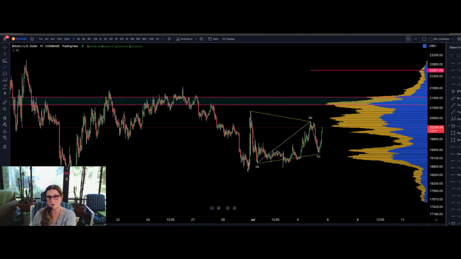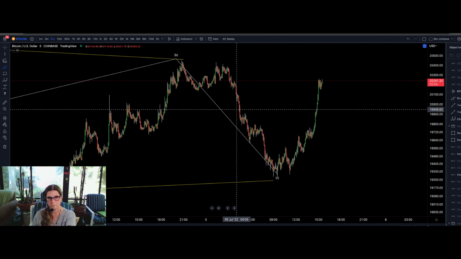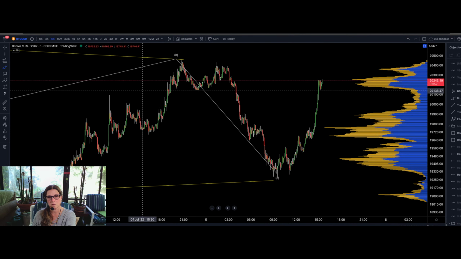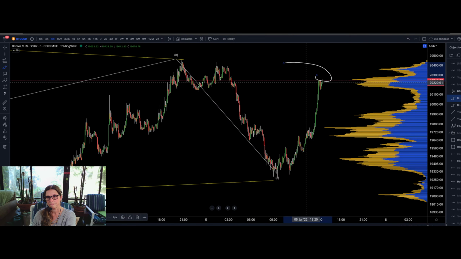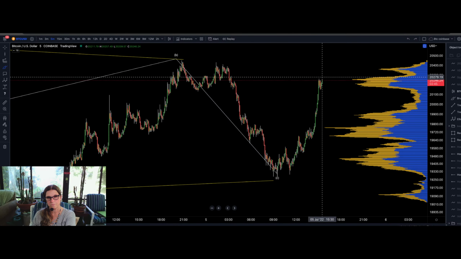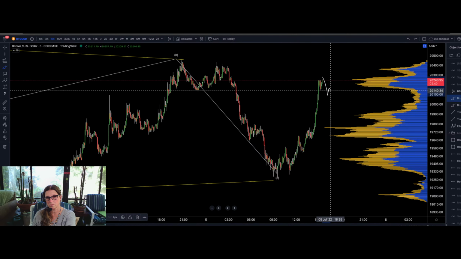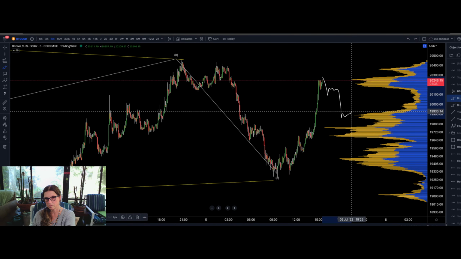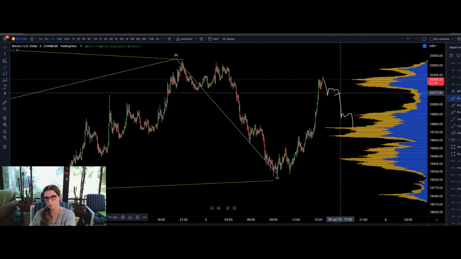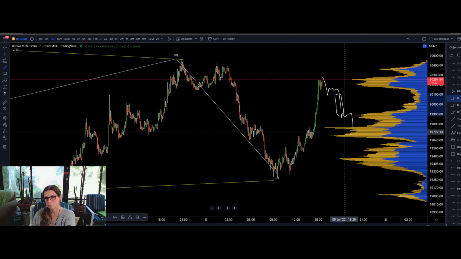Some of you may not know how to tell because you haven't looked at it long enough. You want to see, say if it was doing it now, okay? You want to see dump, consolidation, separation move, consolidation, dump. This part is very important in a 5-wave move. Okay, you need to see that separation.